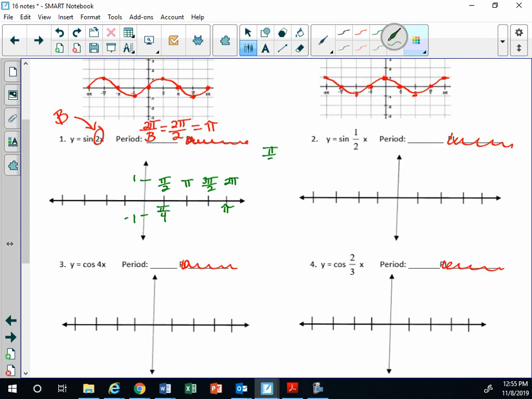Realize pi over 2 divided by 2 is the same as pi over 2 times 1/2. So what is pi going to become? Pi over 2. What about 3 pi over 2? What will it become? 3 pi over 4. Okay, so there are your labels.